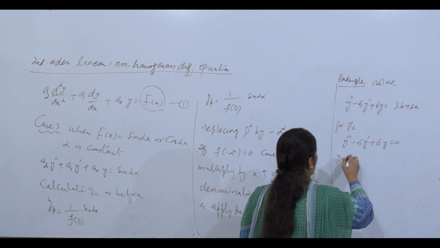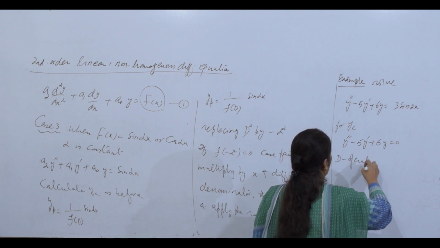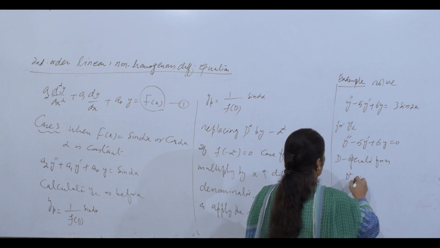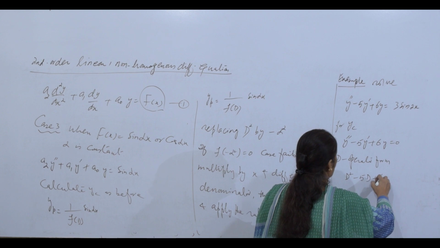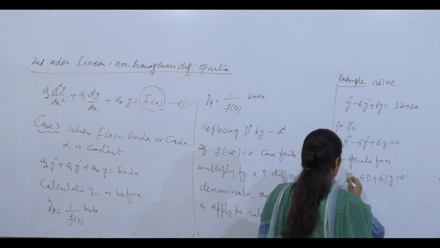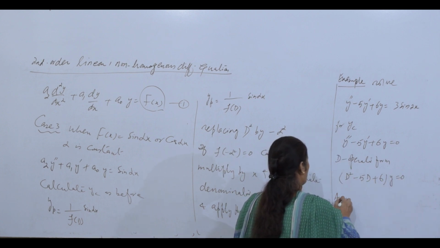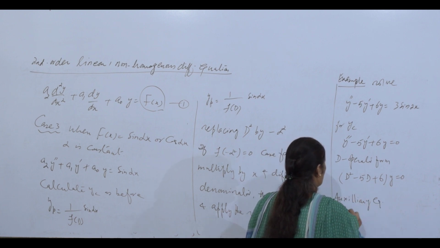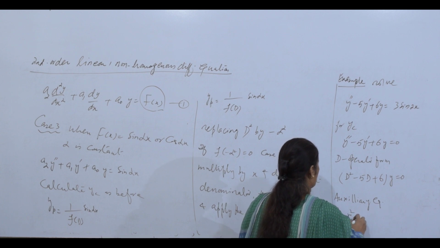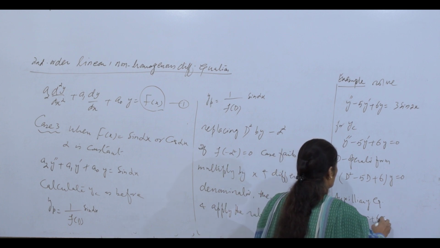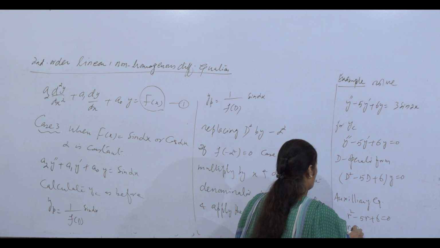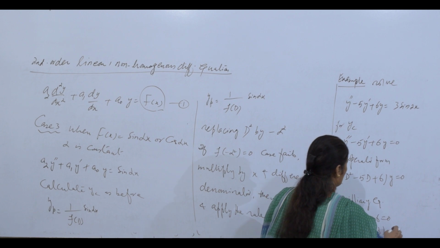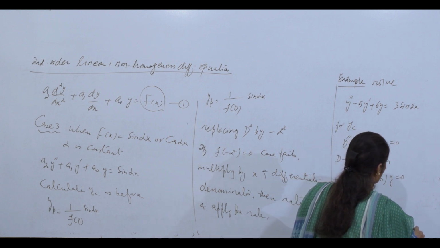In D operator form, D square minus 5D plus 6 operating on y equal to 0. Auxiliary equation: replacing D by r, r square minus 5r plus 6 equal to 0. Breaking up the middle term, (r minus 2)(r minus 3) equal to 0. So this implies r is equal to 2 and 3.